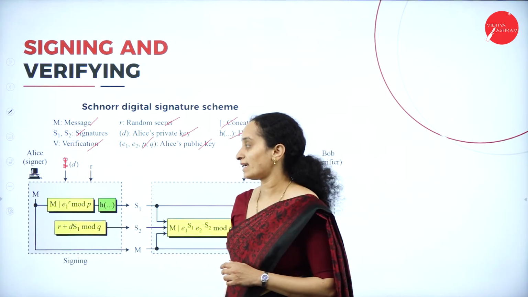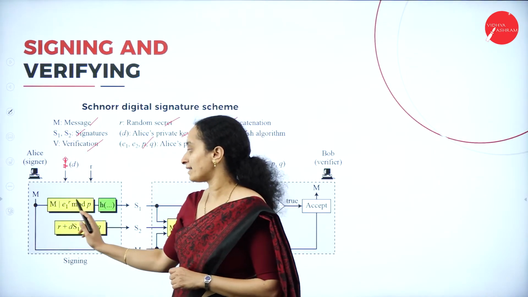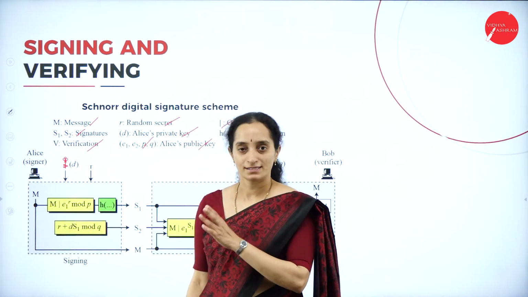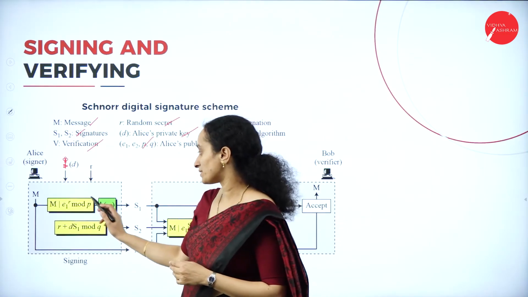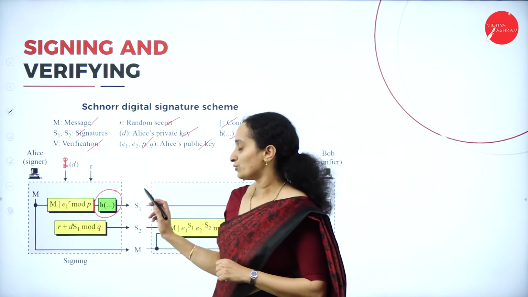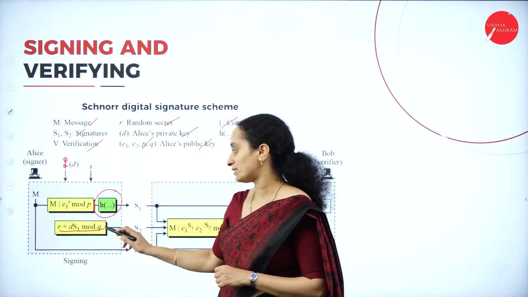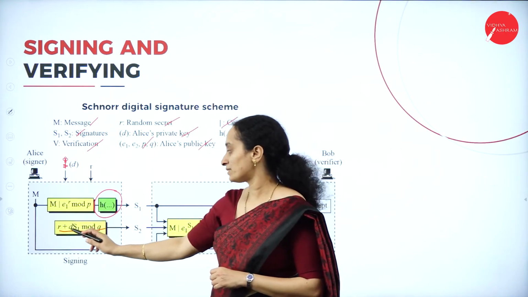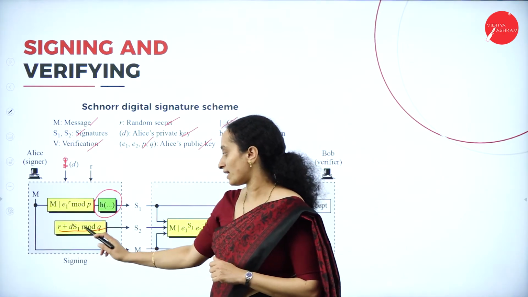We will concatenate in this signing algorithm. The message is concatenated with the signing expression, and a hash function is run over it to get signature 1. Using this signature, we get S2 equals R plus D, the private key, times S1, signature 1.